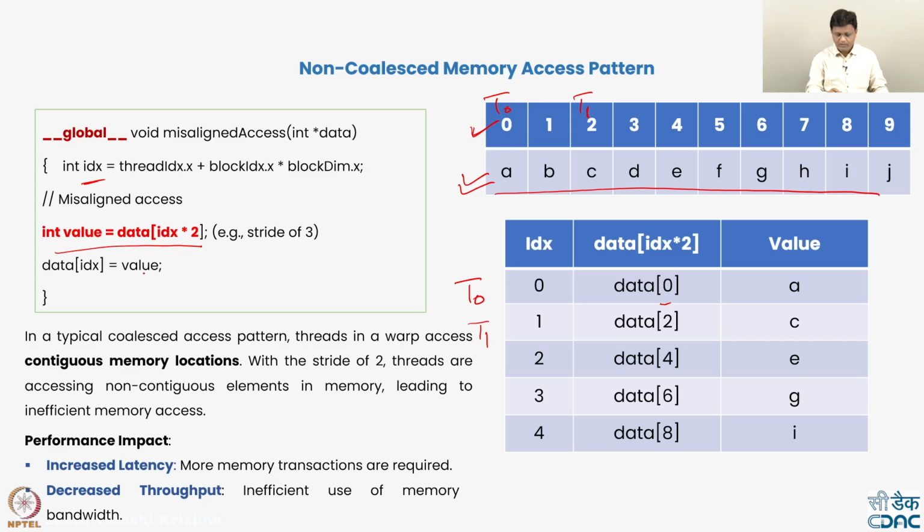Next, if I am dealing with thread 2, it will generate an index indicating this location, this element, and it will bring this element to the variable. So every time it is getting skipped, skipped, and skipped again.